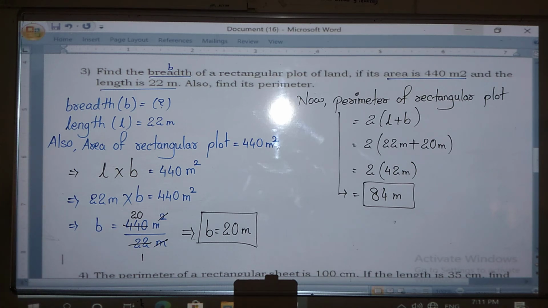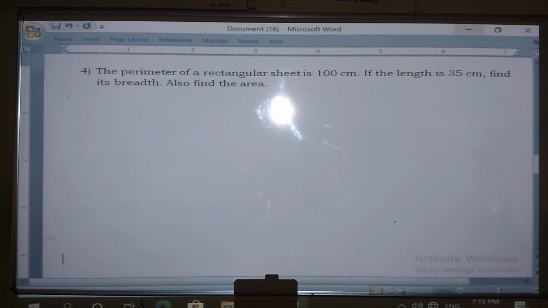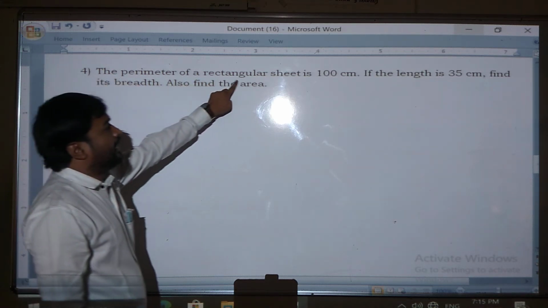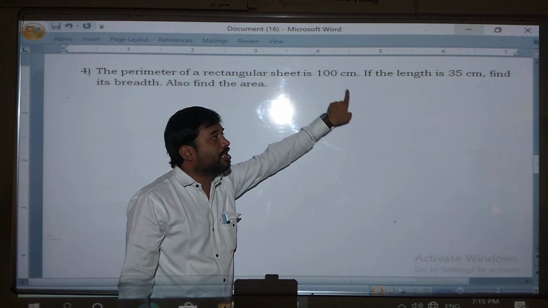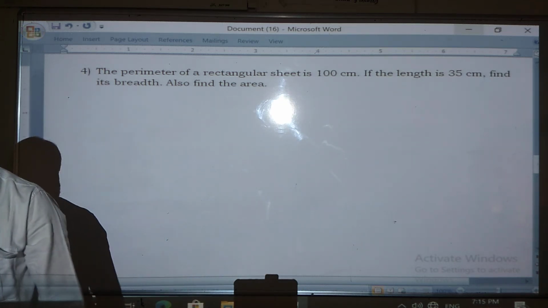પછી fourth one, totally reverse of third one. The perimeter of rectangular sheet is 100 centimeter. Now what is given to you? Perimeter.